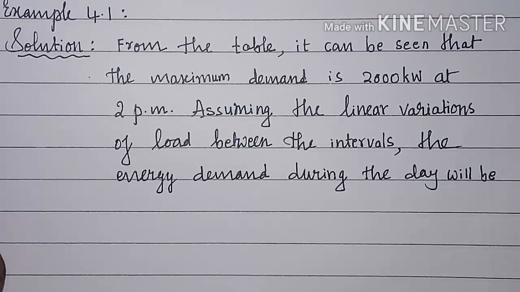Energy means power into time. Now we will refer to the table and see what is the duration of each load, and then multiply that load with the corresponding time duration and then add all the products to get the total energy produced.